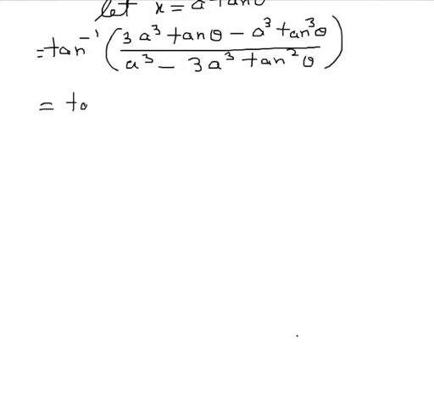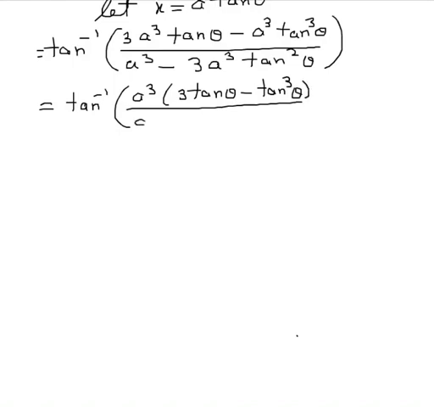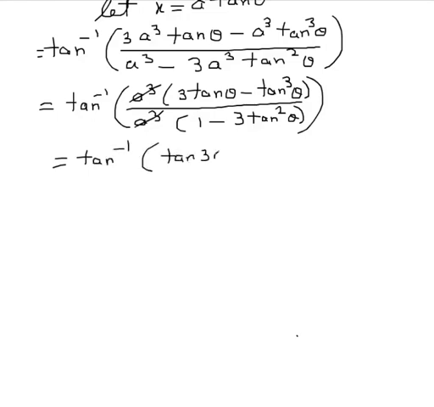Now we have a cube common in both numerator and the denominator. I am taking a cube out. 1 minus 3 tan square theta. Now this is the formula for tan 3 theta.